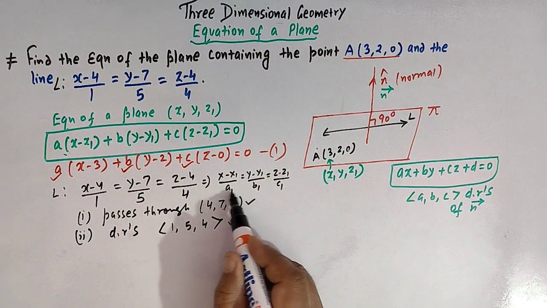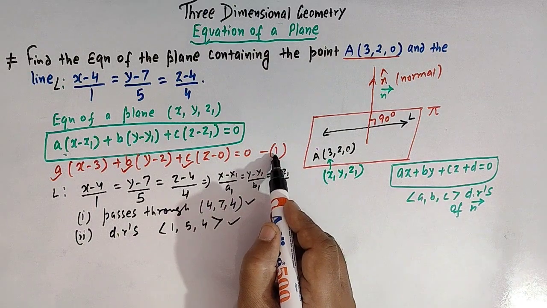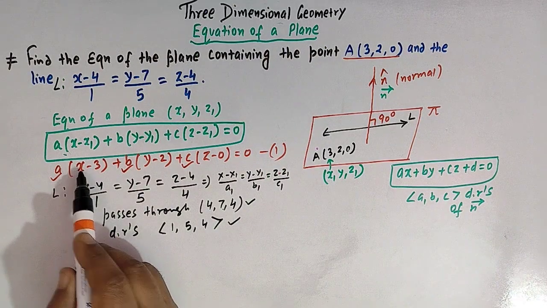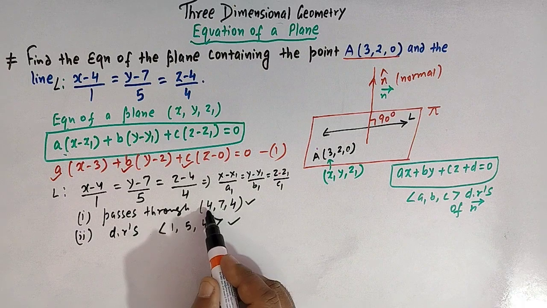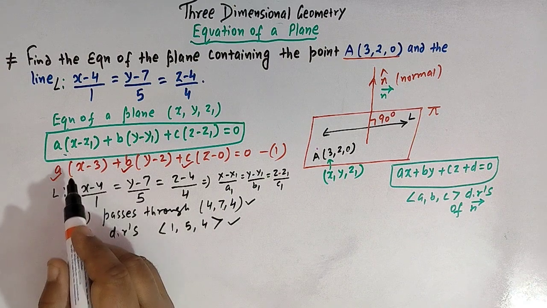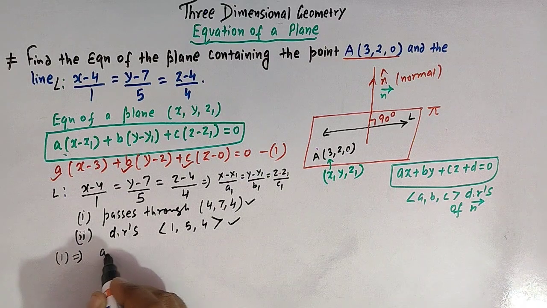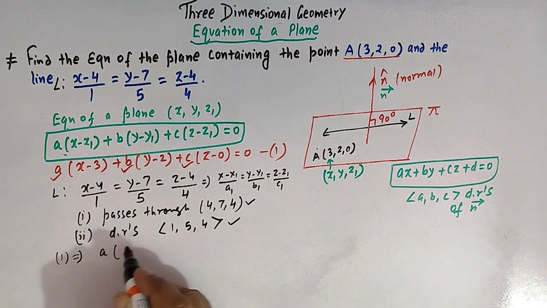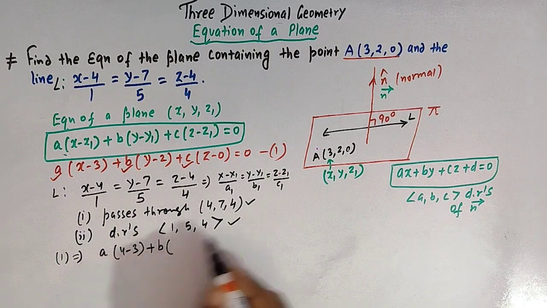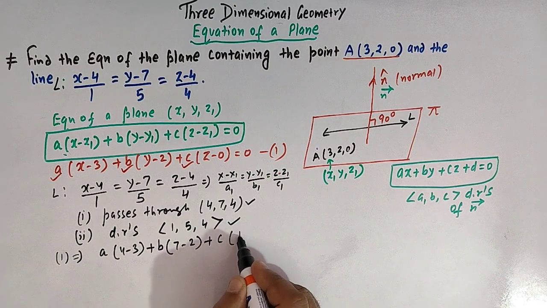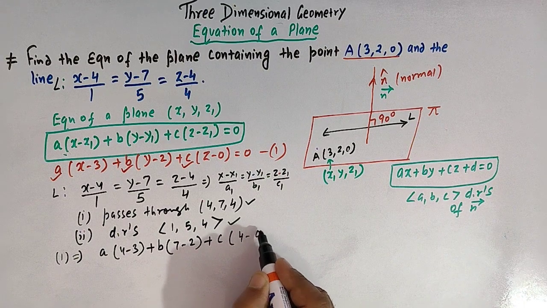So this point must satisfy this equation 1, right? Now if we replace x, y and z by 4, 7, 4, then from equation 1 we get a times (4 minus 3), then b times (7 minus 2), then c times (4 minus 0).